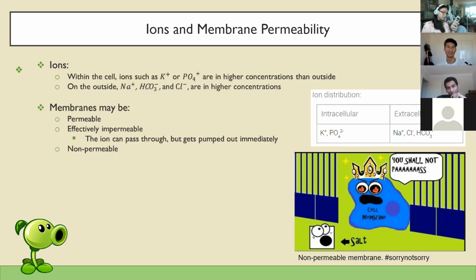That'll become more relevant later on, but for now, it's just useful information. Ions in relation to membranes can be permeable, effectively impermeable, and non-permeable. So basically they can either pass through, or just not be able to pass through at all.